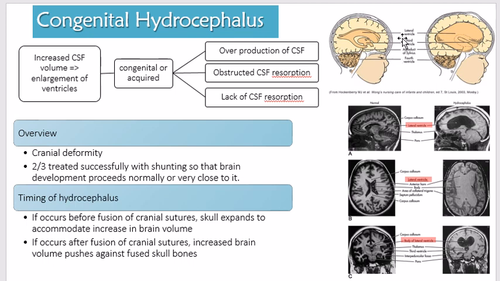So you can see here a normal brain of an infant, and you can see that of a child that has hydrocephalus. The CSF that's normally found within the ventricles is overproduced and fills the ventricles. The ventricles end up enlarging, as you can see here, and when they enlarge, they push the brain up against the skull.